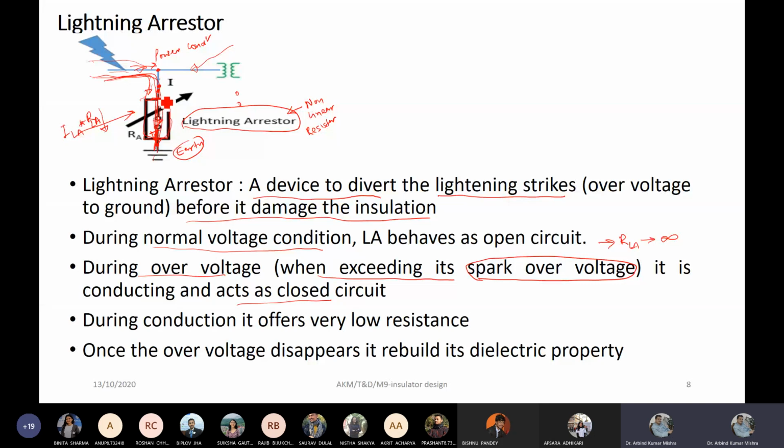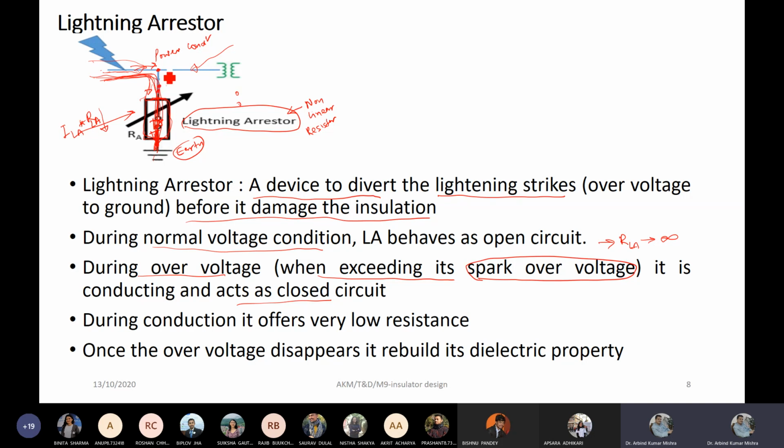Even after the lightning disappeared, the voltage along this line is the normal voltage, and the path is already ionized. Therefore, even if the lightning disappears, the current may flow through this. Only in two cases can this current stop flowing.